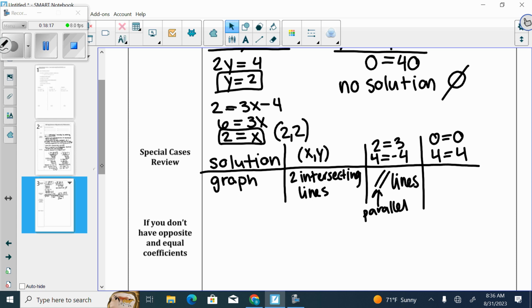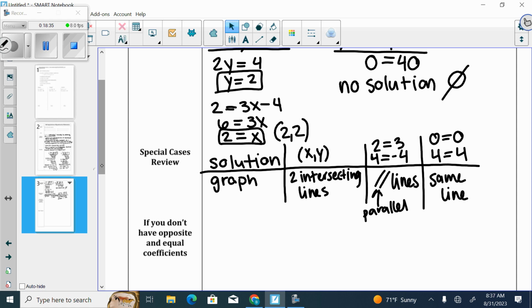In this scenario, what would our graph look like? The same line. Very good. So in this case, we must have the same two lines. They would be graphed right on top of each other.